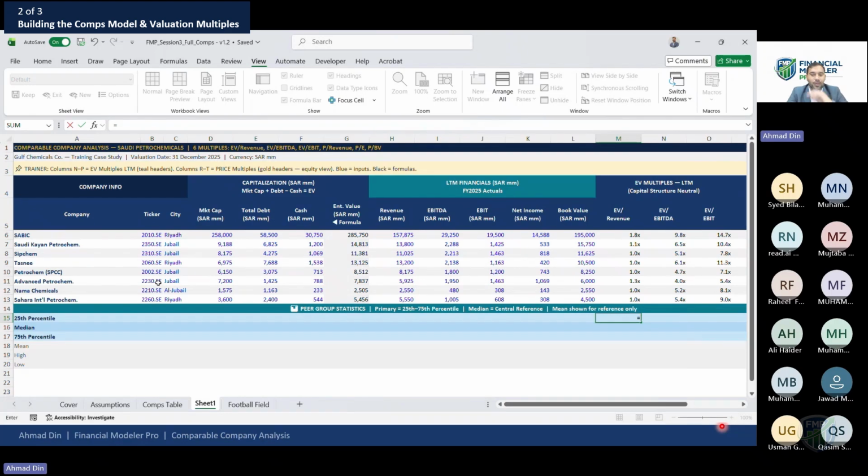First of all, the 25th percentile: from the lower side, not the low and not the high, but the 25th percentile from the lower side, we need to calculate. I will log the range because we will drop and drag, so we can use that as well.